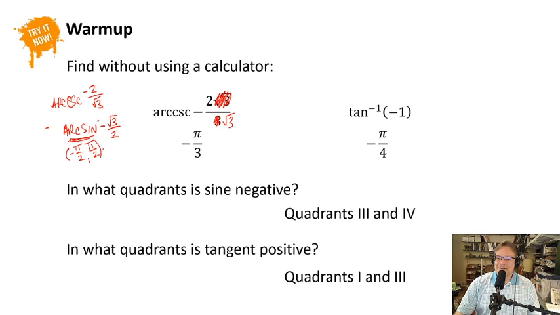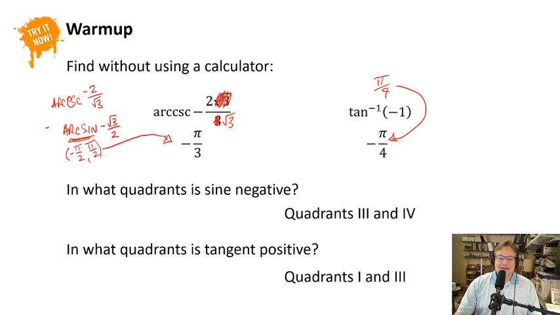So the answer here, when this is negative, is not positive pi over 3, but negative pi over 3. In the same way, tangent is negative, and tangent is also defined on this same interval. In quadrant 1, a tangent of 1 would simply equal pi over 4, but the fact that this is negative means that this is now negative pi over 4.